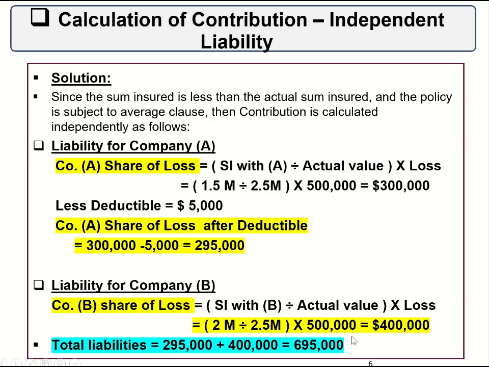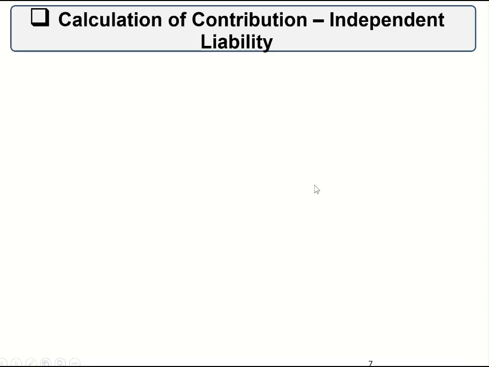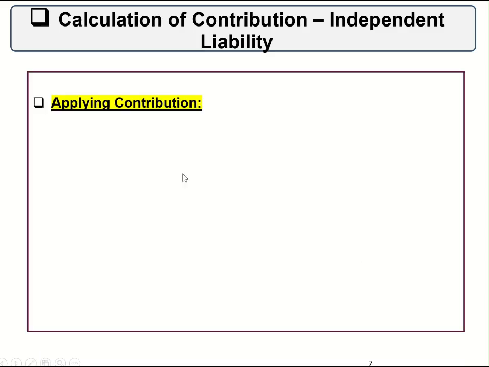So he'll have a profit of around 200,000, which is not allowed under insurance. So how will we manage this situation? Next, we will apply contribution, or make a proportion between the two companies.